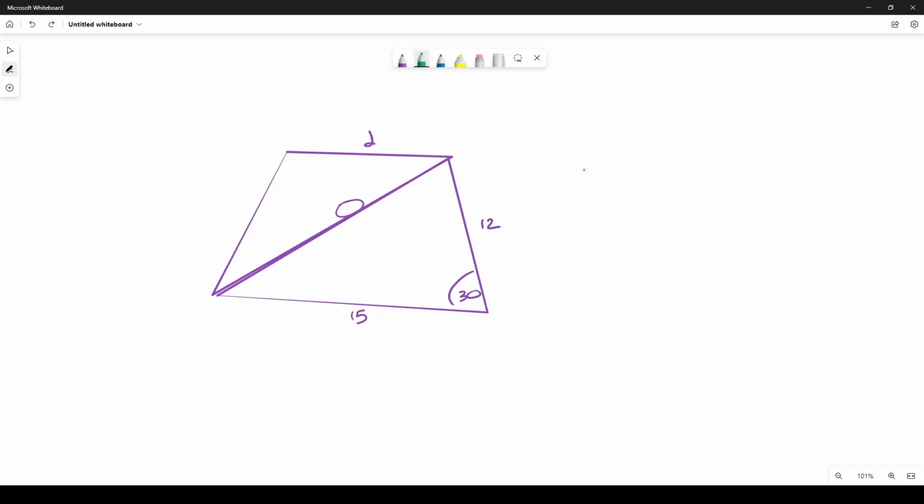Another example I thought of was, I did one of these earlier where they might write stuff like this, and obviously that means those 2 angles are 30 and 45 respectively, and you use that information to figure out this would be 105 maybe, doing the 180 minus.